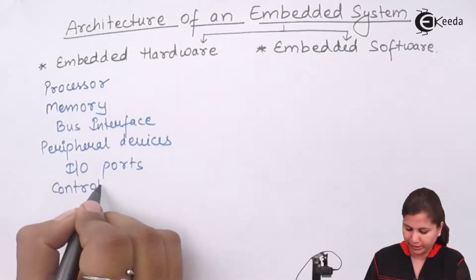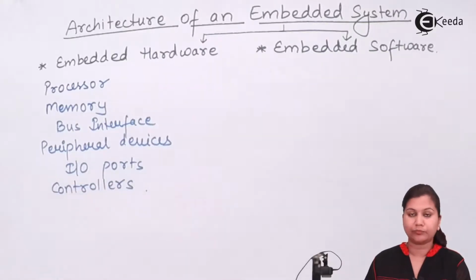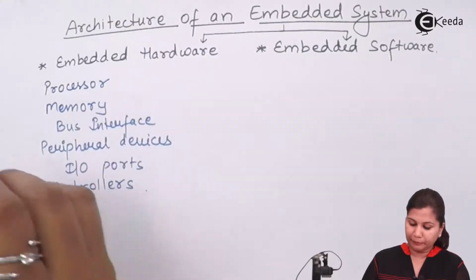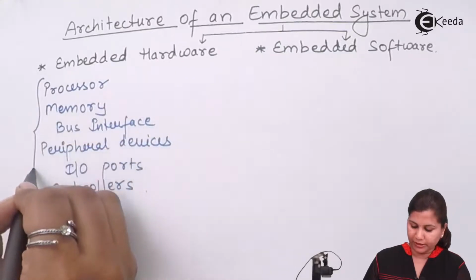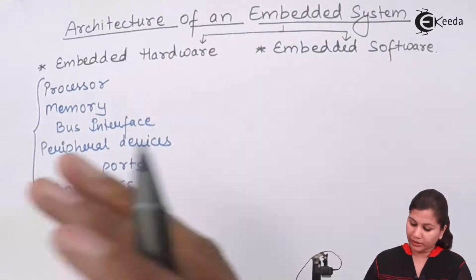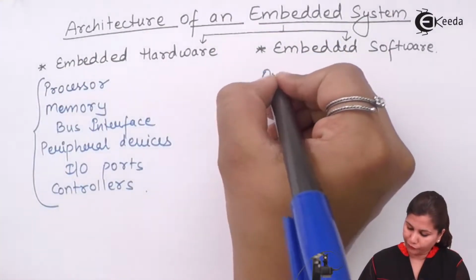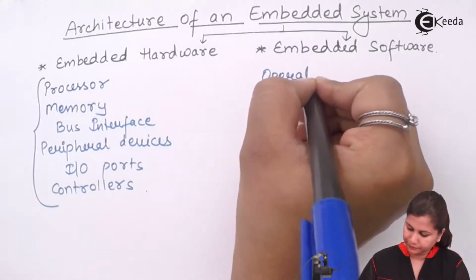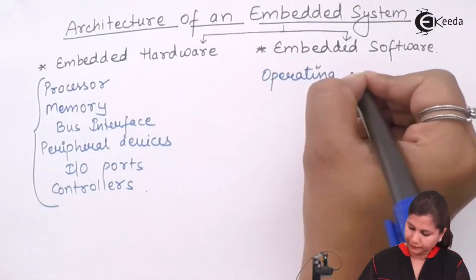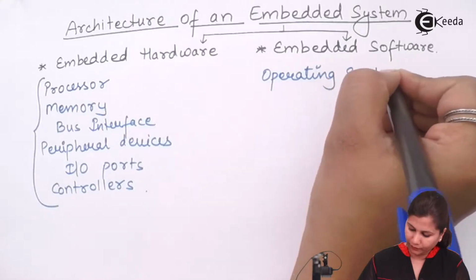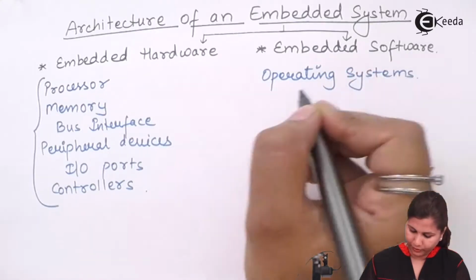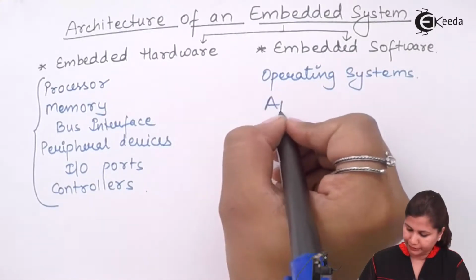So the hardware part consists of these components. Now the software consists of the operating system and various applications.